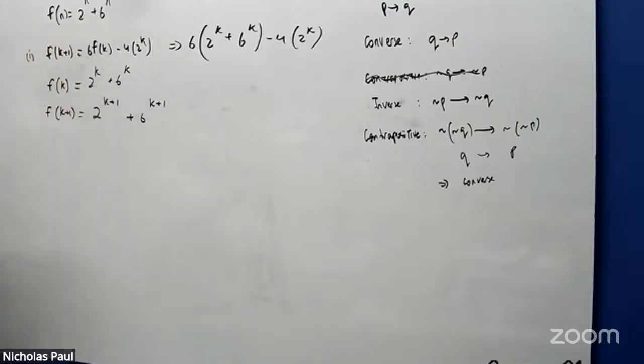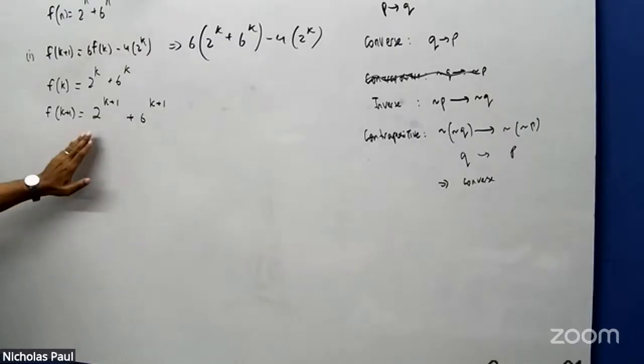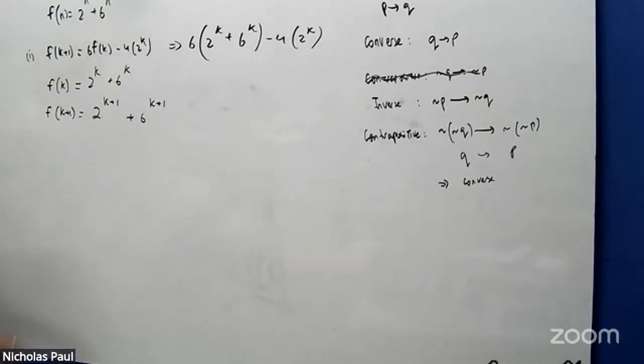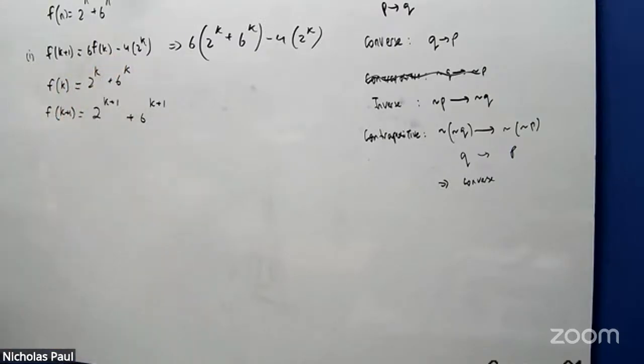Yes, part one, and PMI as well. That's the usual PMI thing, so it holds for n equals 1. Assume true for n equals k, and then prove that this is divisible by it. The objective is to prove that this is divisible by it.